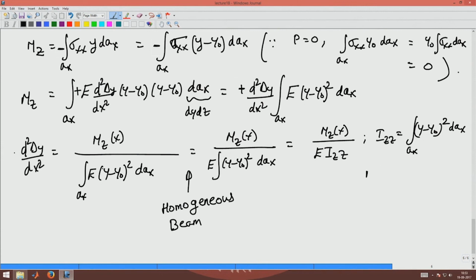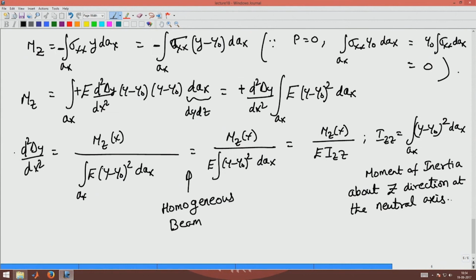This is the moment of inertia about the z axis, about the z direction of the neutral axis.